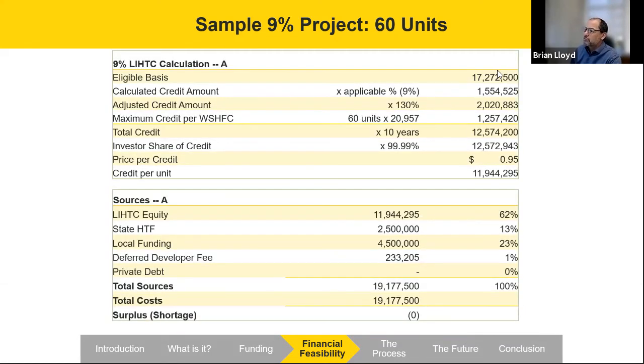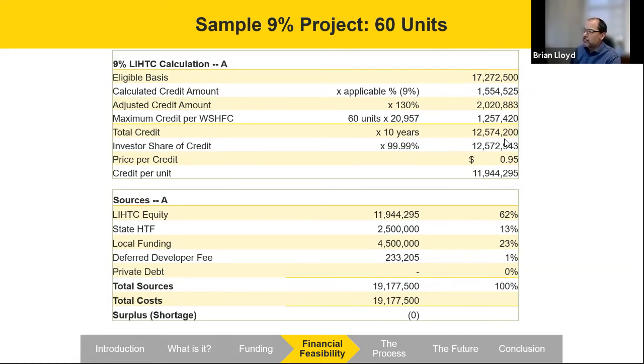Then you take that eligible basis figure, you apply various percentages, like is it a 9% deal? Is it in a boost area, 130% boost area? What is the annual per credit limit that the commission applies to your project?